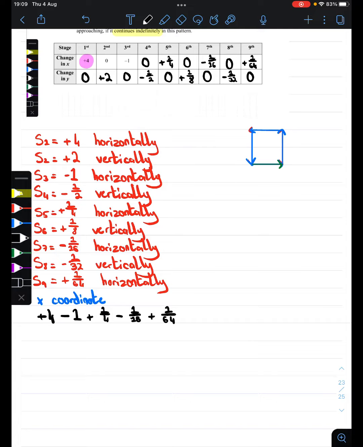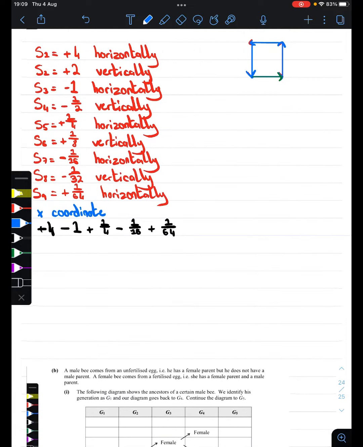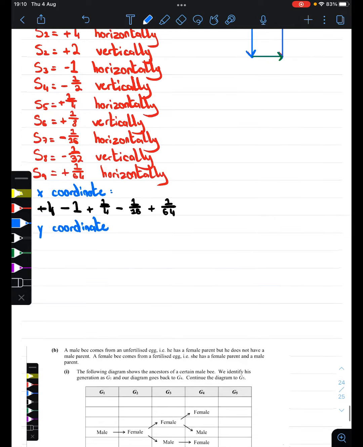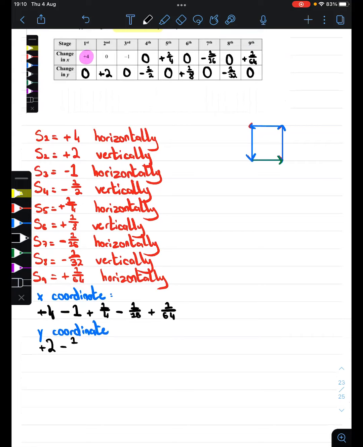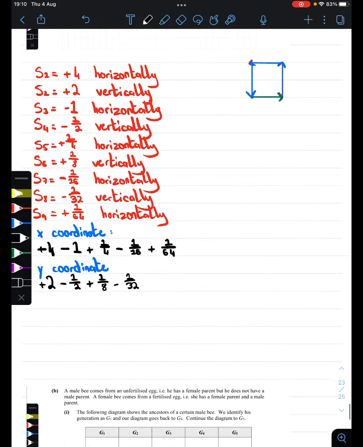We're just following the tables. And then for the y coordinate, he starts off at 0 and then travels up 2, down a half, up an eighth, again just following the tables, down 1/32, and well, I suppose both of these would continue in some form, and they'd continue forever.